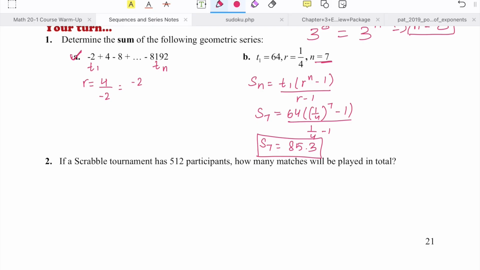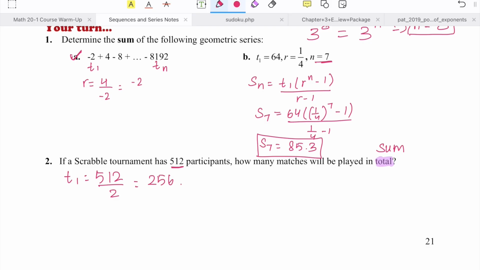The next question is, if a Scrabble tournament has 512 participants, how many matches will be played in total? Because they have written total, your brain should be like sum. Okay, we're looking at the sum. These are the participants. How many matches will be organized for the first round? 256, because 512 divided by 2 is 256.